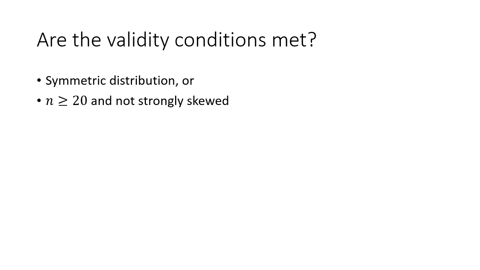We need to check whether the validity conditions are met for a one-sample t-test. Recall that those validity conditions are having a symmetric distribution of the data or having a large sample size and data that's not strongly skewed. In this case, we're told that the school district sampled 50 random student scores.